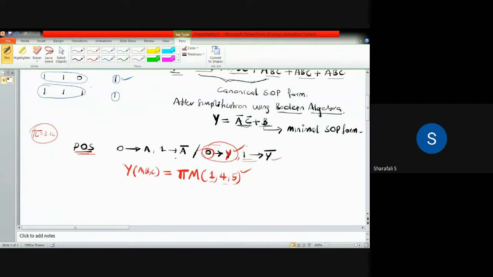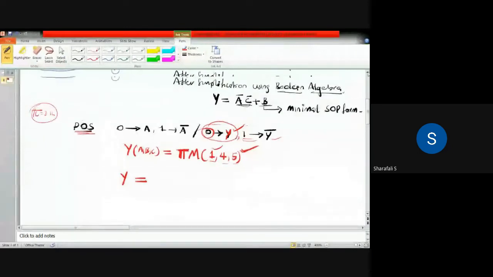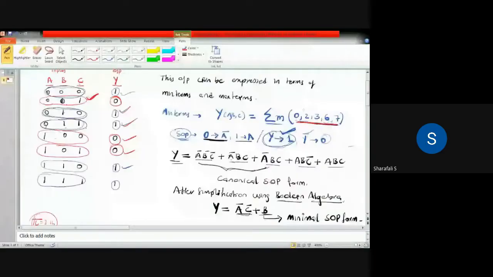Now, if we consider the same expression, we can represent it like this: y equal to, in terms of POS form. So y will be equal to, what is the first value? This is corresponding to 1. So that will be this one. So 0, 0, 1. 0, 0, 1 means 0 means A in case of POS.